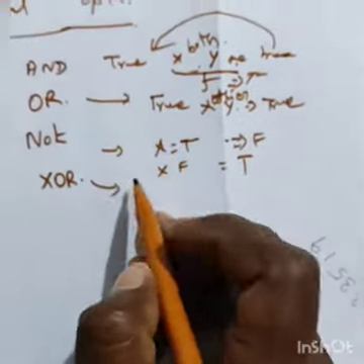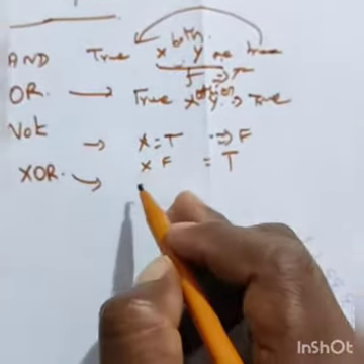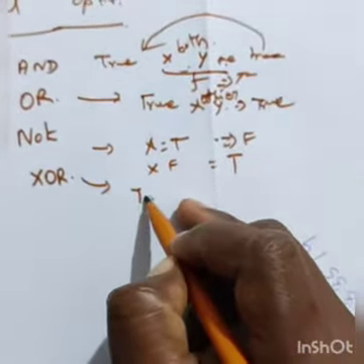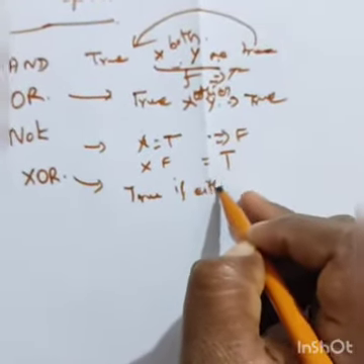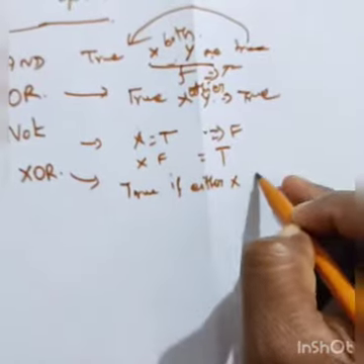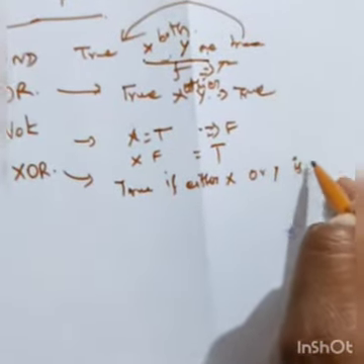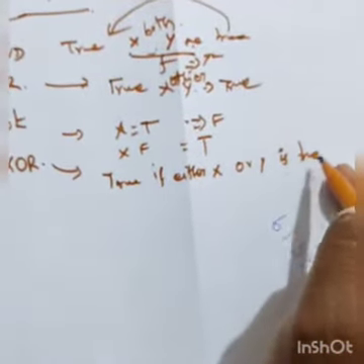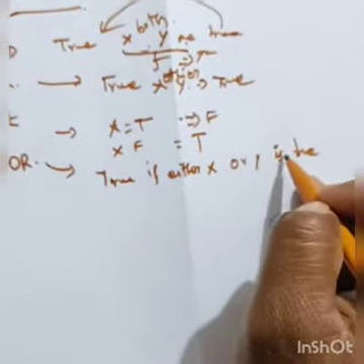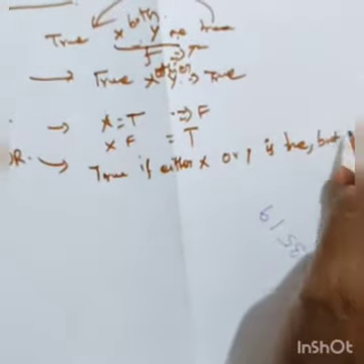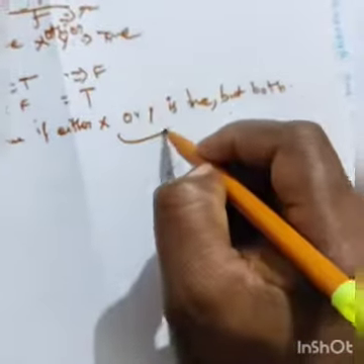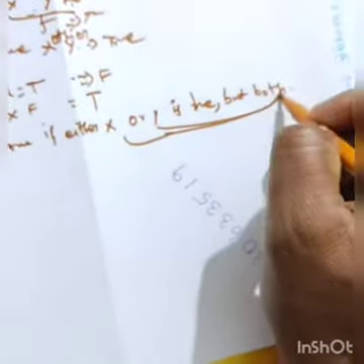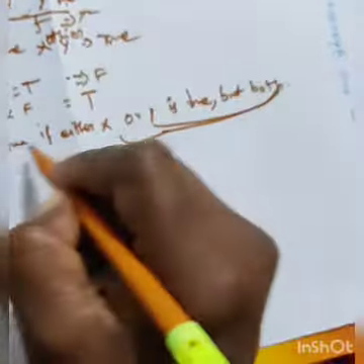Then XOR, what does it mean? True if either x or y is true. Either one is true, but if both values are true, then it is false.